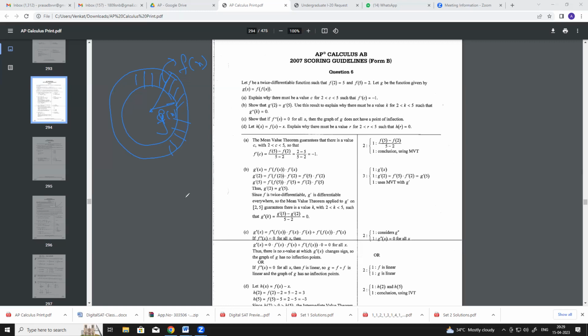Volume is given by pi into integral of a to b, f of x whole square minus g of x whole square, into dx.